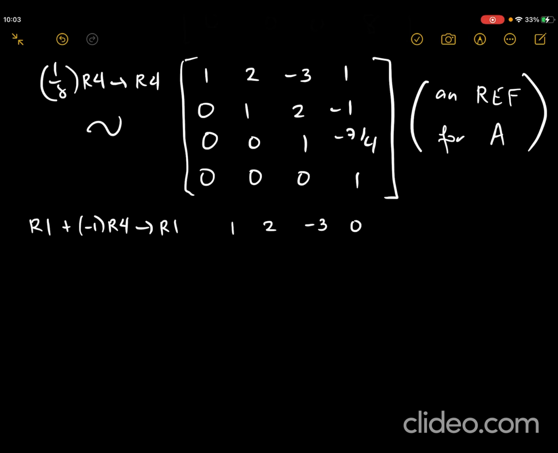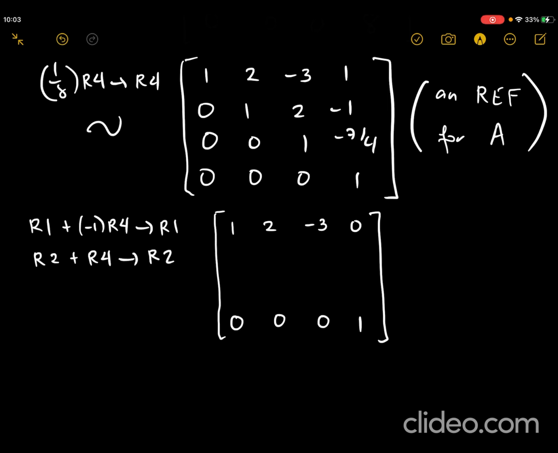Let me put the fourth row here. We do the same for the second and third rows. For the second row, for instance, we may just add row 2 to row 4 to obtain this new row 2.